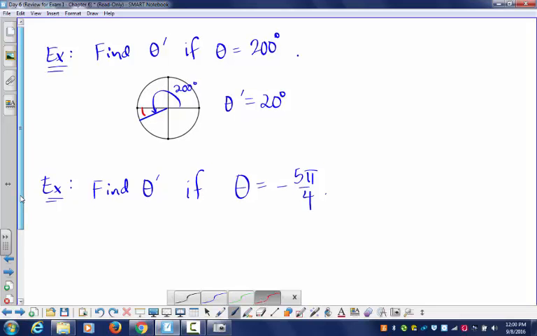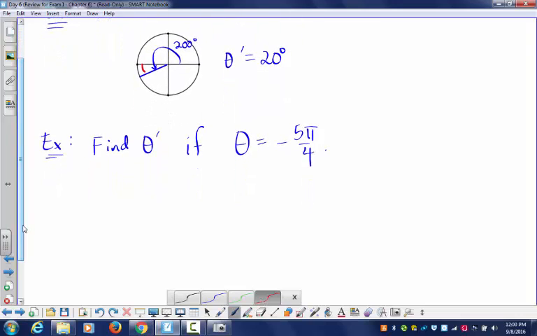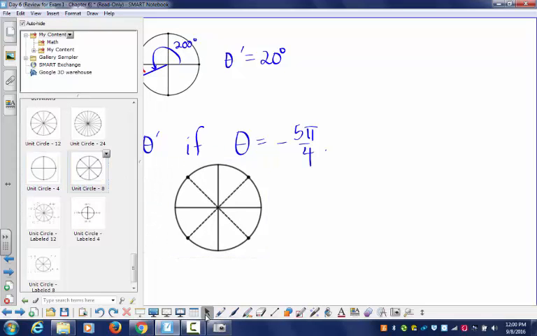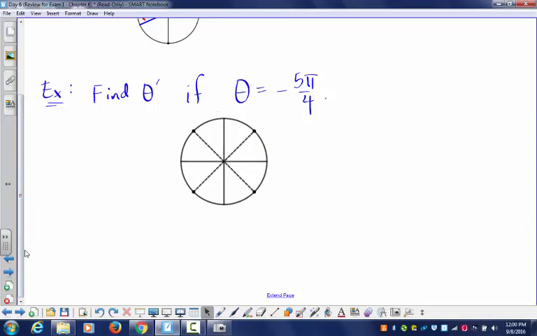All right. Now, how about that one? Negative 5 pi over 4. That one's going to take us into a different quadrant, so we're going to have to do something slightly different. That is a multiple of pi over 4, so I'm going to grab an 8-sector circle.